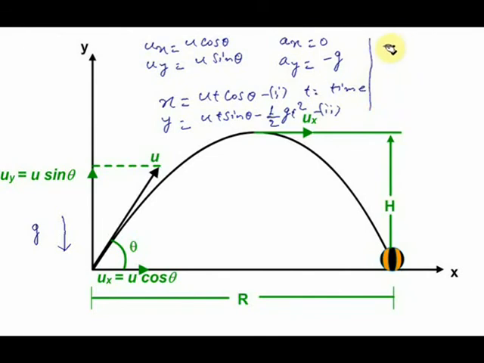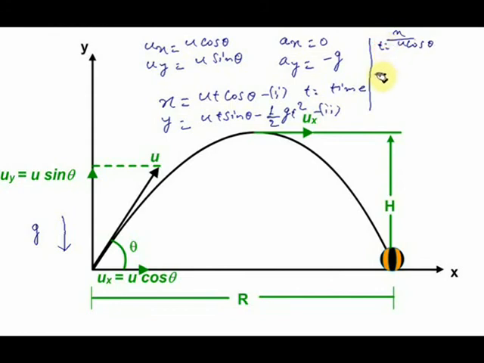Now from equation 1 we can write t = x / (u cos theta), and we can put this value of t in equation 2.